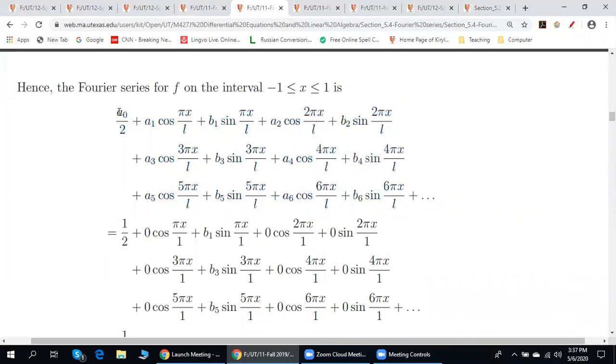Next step, we replace a0 by 1 because we know that a0 is 1. We replace all 0 terms by zeros. 0 terms are all other a's, zeros, and even b's, again zeros.